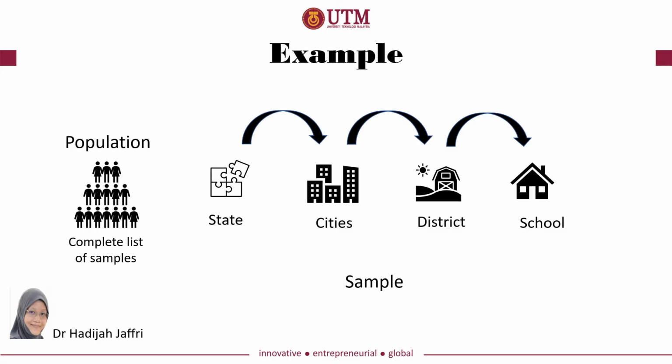For example, if a researcher wants to choose 1,000 participants from the entire population of teachers in Malaysia, it is likely impossible to get a complete list of everyone. Instead, the researcher could randomly select areas such as state, cities, district, and school, and randomly select the teachers from within those boundaries.